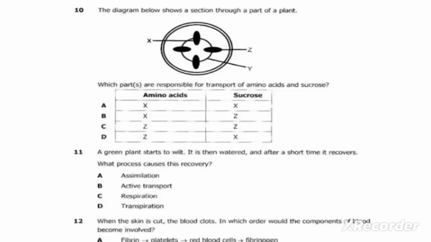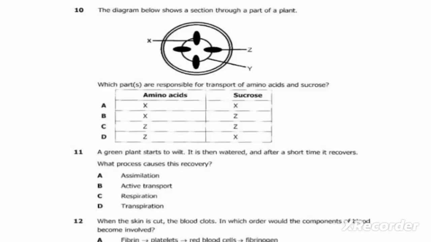So the transpiration process creates the transpiration pull or the suction force. The transpiration pull is the one that makes water move from the roots up to the leaves, creating a continuous flow of water.